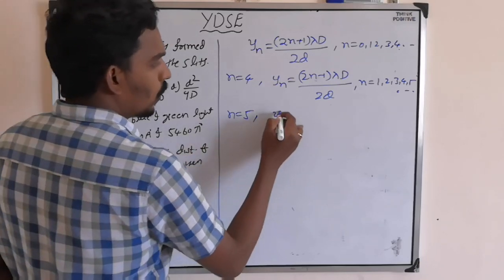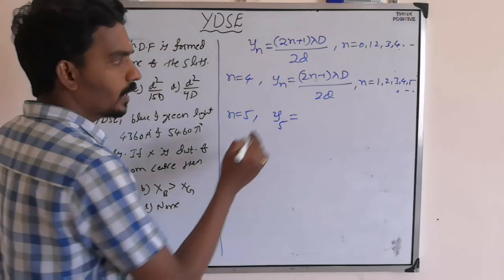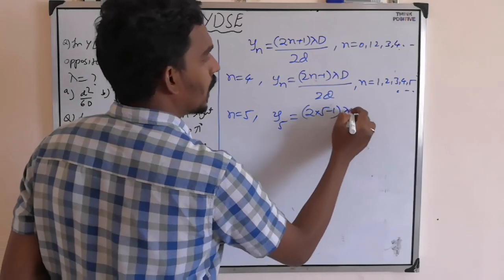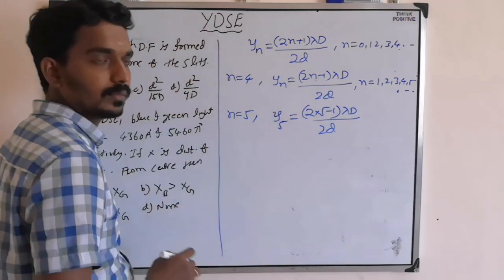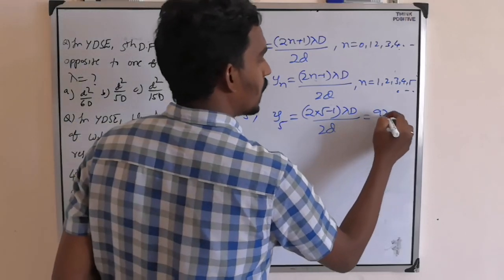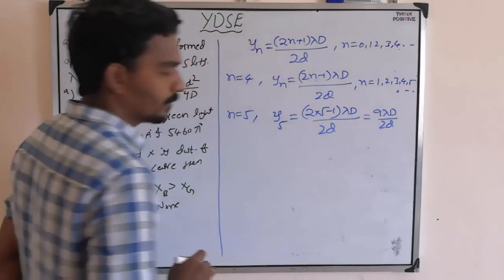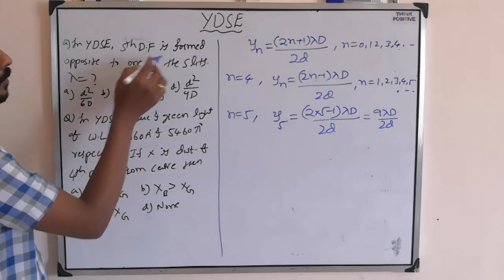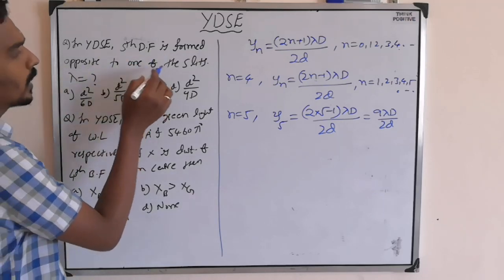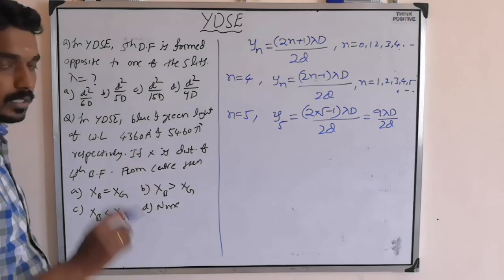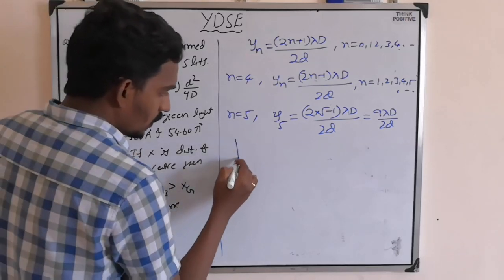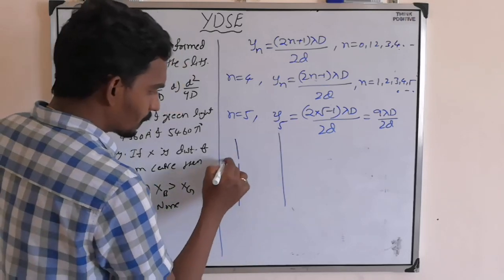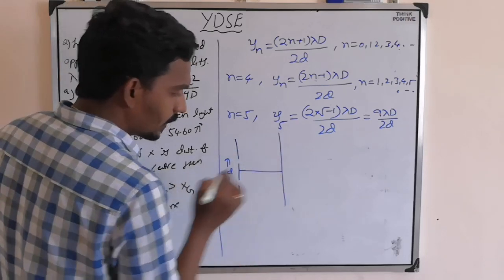Now, what is the fifth dark fringe? y5 equals (2 into 5 minus 1) lambda D by 2d, so that is 9 lambda D by 2d. But according to the question, the fifth dark fringe is formed opposite to one of the slits. The meaning is, if you draw the diagram, then you can understand. This is D. This is the center.